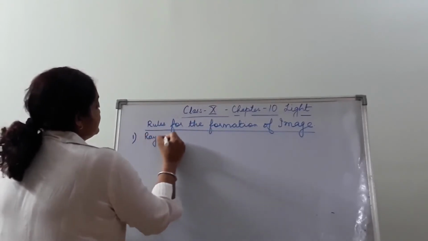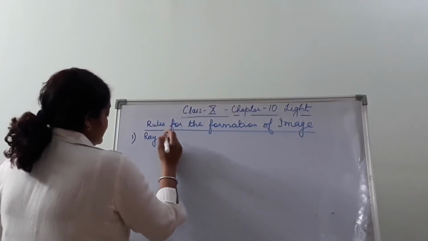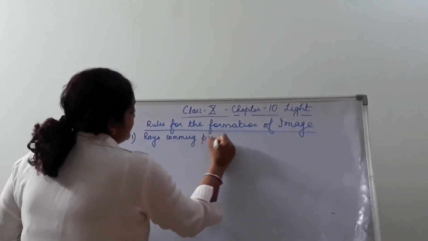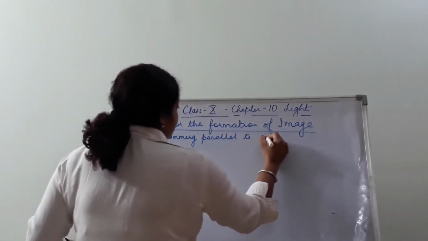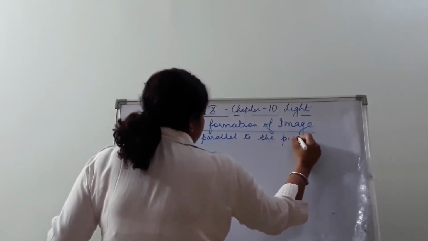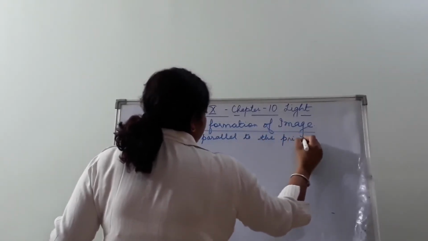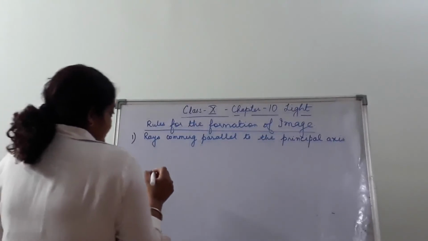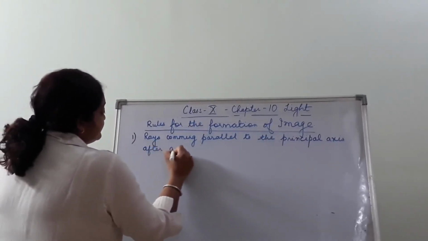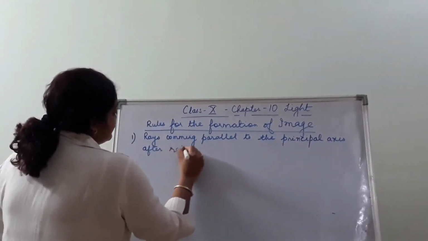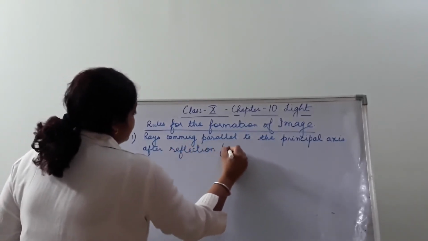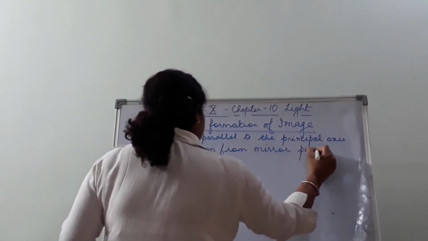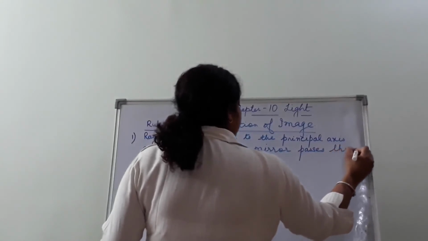Rays coming parallel to the principal axis, after reflection from the mirror, pass through the focus.